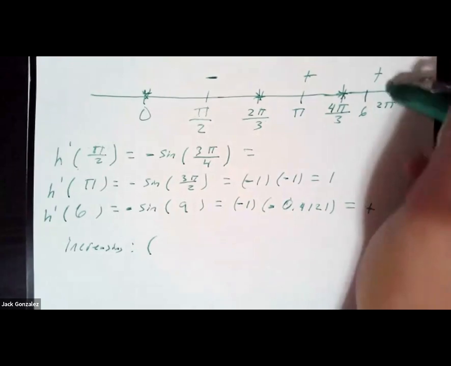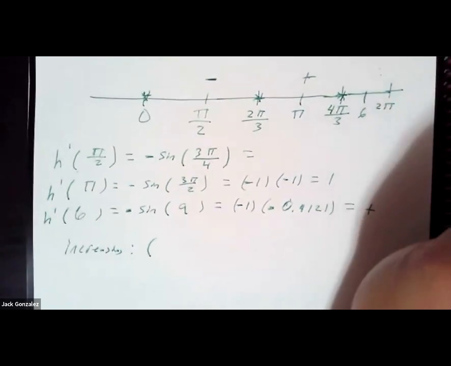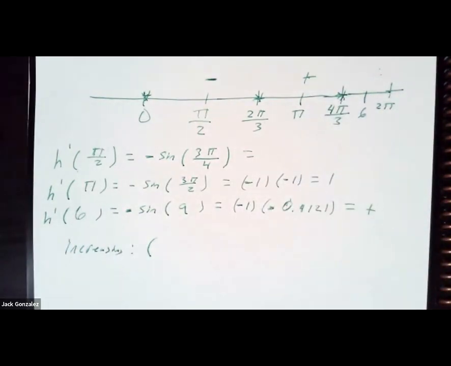I don't think this one is plus. Is 6 bigger than 4 pi thirds? I don't think it is. Yeah, I guess so. Weird. Yeah, this point. Oh, all right.